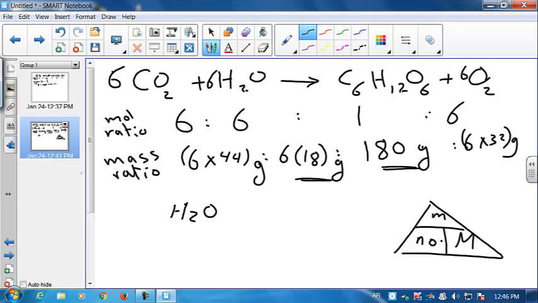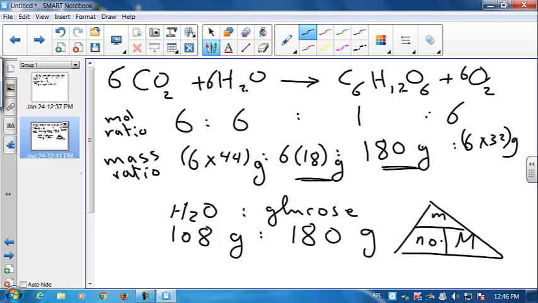The ratio of water to glucose, as mole ratio, it is 6 to 1. As mass ratio, it is 108. This is if you multiply 6 by 18, this is the mass of 6 moles. 108 gram of water will produce 180 gram of glucose, right? So first I made the mole ratio, 6 to 1.